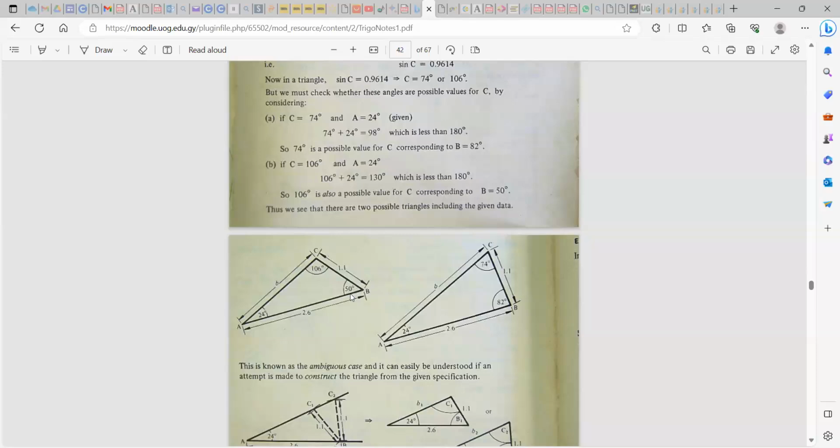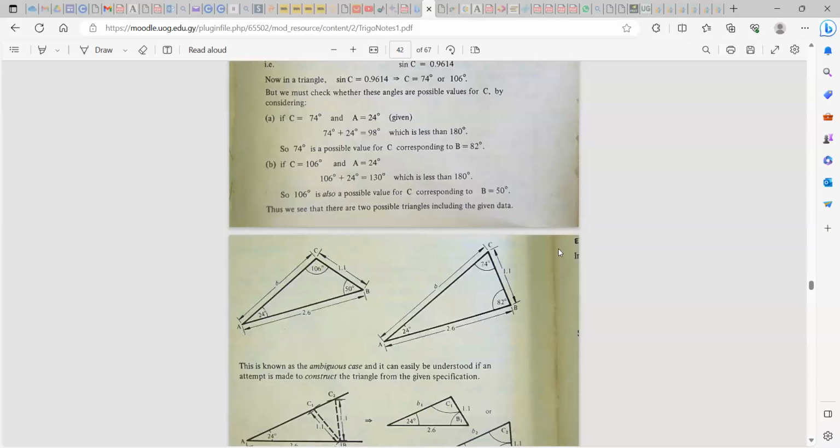The whole idea is that don't discount that second angle right away, this 106, or whatever in another problem. Don't discount the second possibility right away. You have to check to see, right? Whether you can have another triangle with a second angle inside. So keep that in mind.